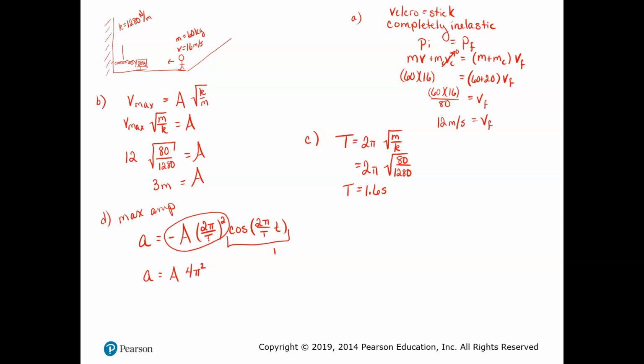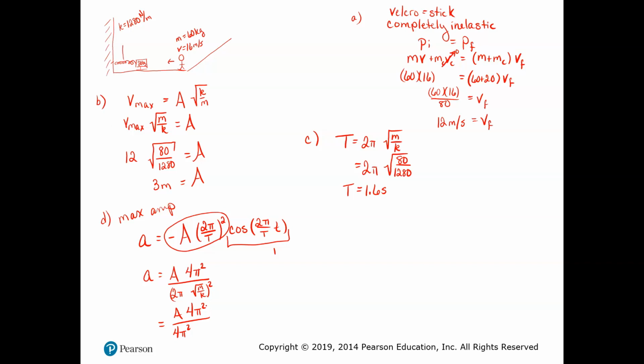Now my period, we have this equation for period, so I'm going to divide this by period squared, so that's going to be 2 pi square root of m over k quantity squared. So doing some math here, that's going to be the amplitude times 4 pi squared over 4 pi squared.